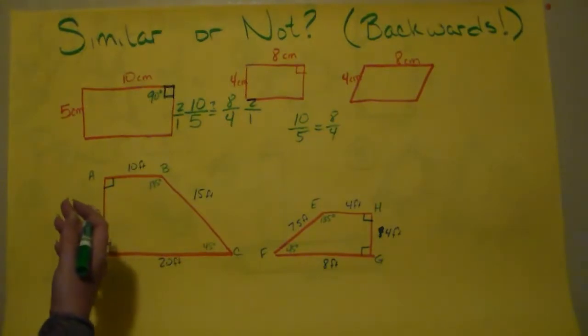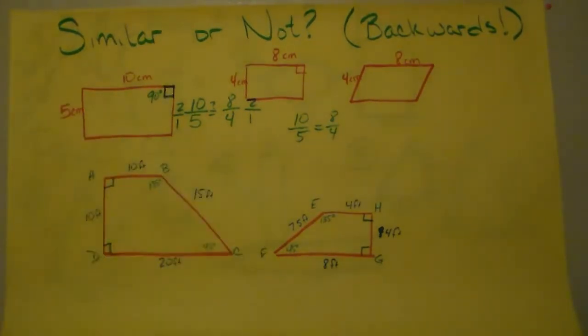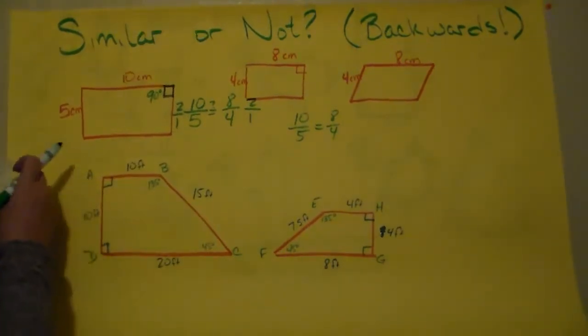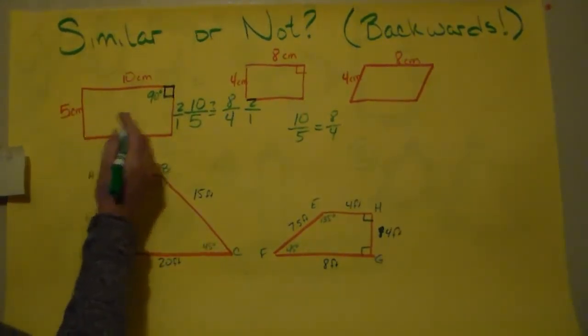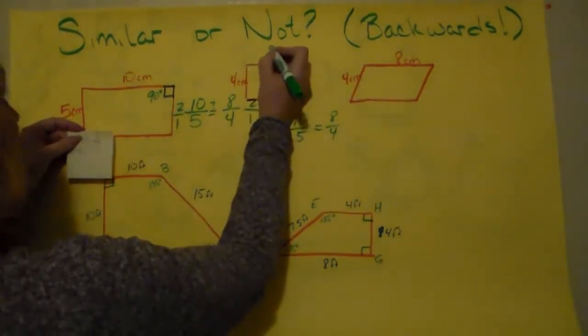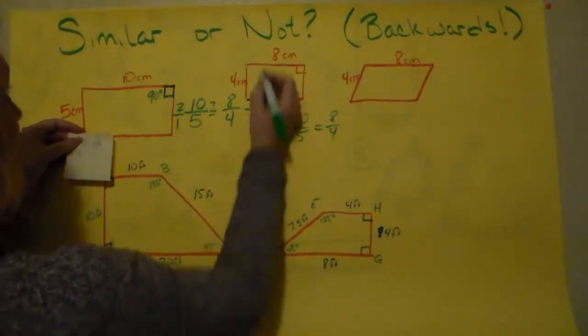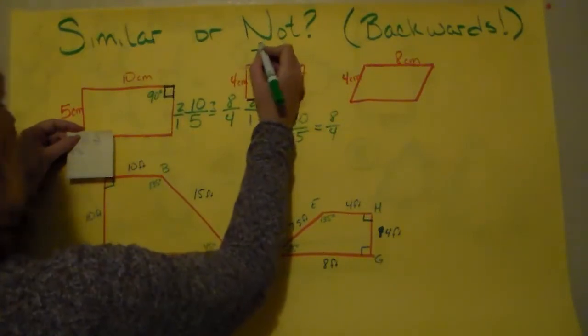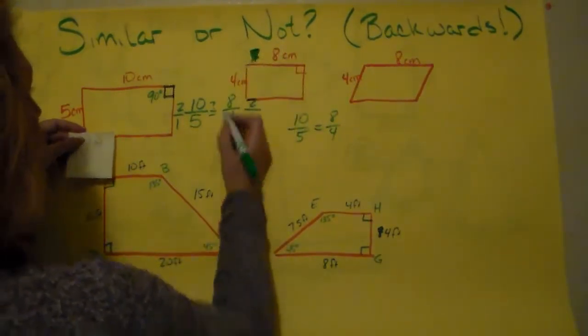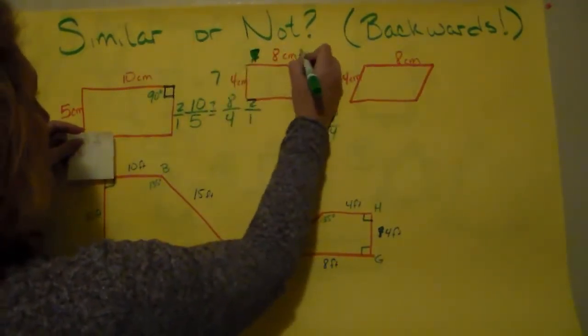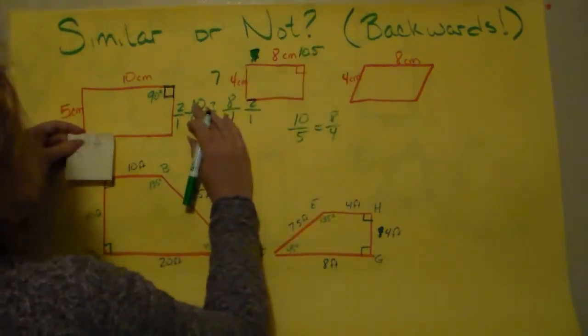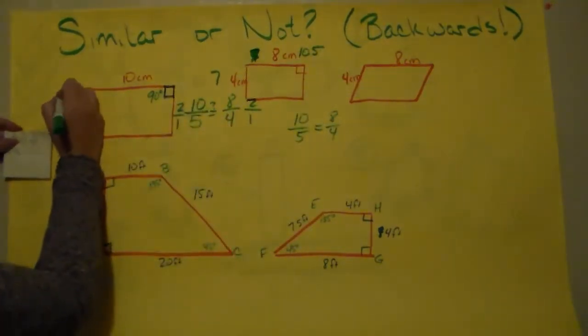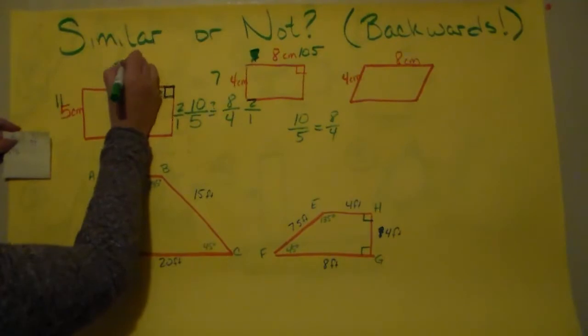But sometimes you get numbers like this. What if this is 7, and this is 10.5, and this is 11, and this is 15.5.